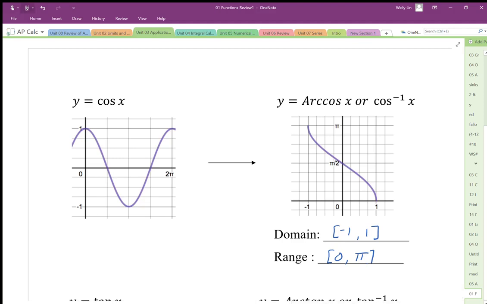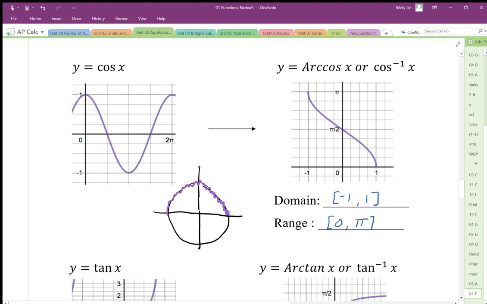So arccos is only defined for part of the circle. It's only defined from here all the way to here. So the angles I can use for arccos are only those angles. Now these other ones exist as well. That's why we have that theta 2 issue when we solve using the inverse cosine.